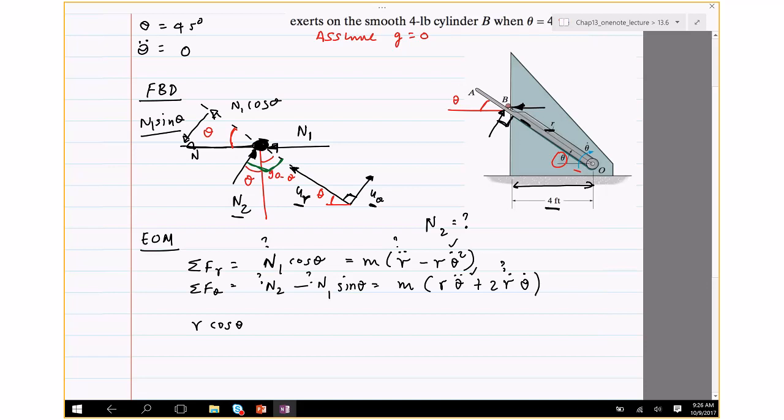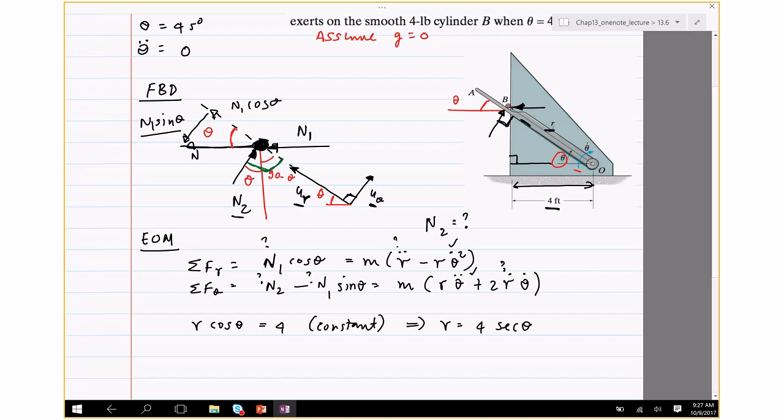This is 90 degrees. So that's the hypotenuse. And then I can resolve that in the theta direction. So that is equal to 4, which is a constant. So this gives me r equals 4 secant theta. 1 divided by cosine is secant.